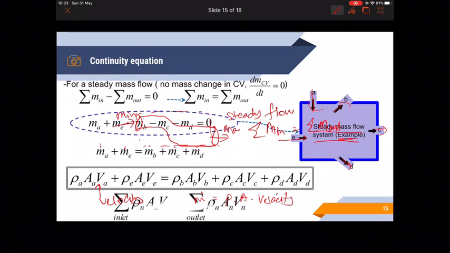So that's why they say here total inlet equals total outlet.